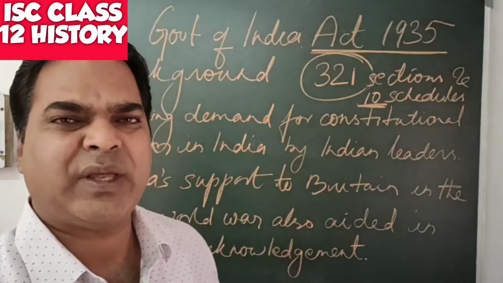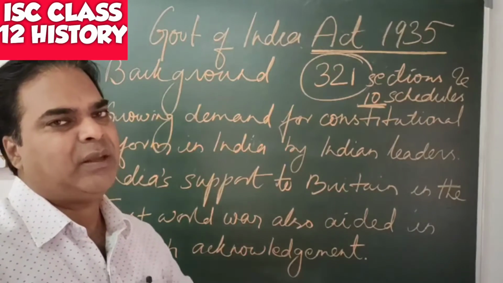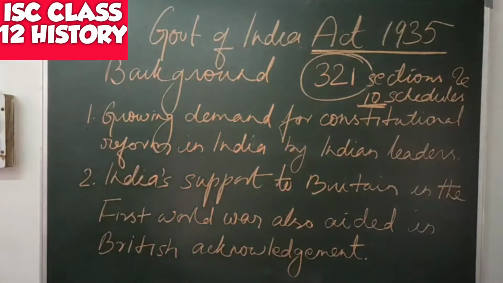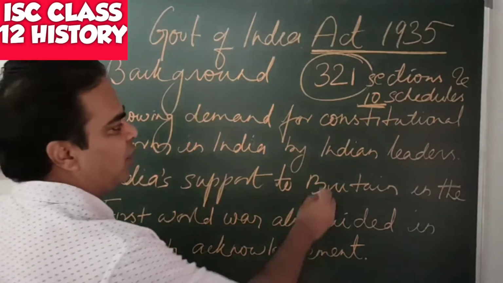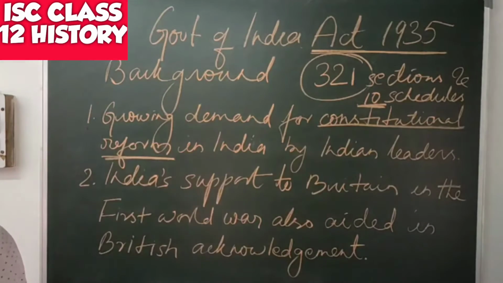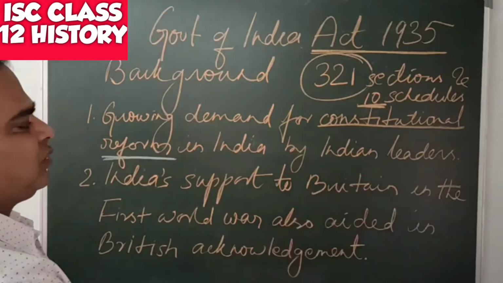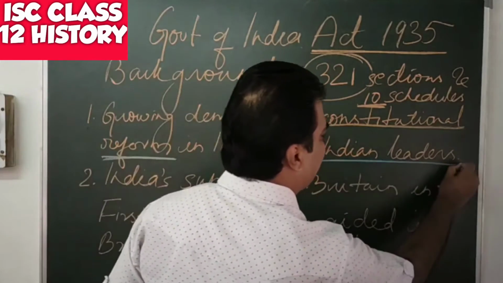So all these things were going on in the background, and there was a growing demand for constitutional reforms in India by the Indian leaders. They wanted constitutional reforms, so this act was to be passed, and this was expected by the Indian leaders.